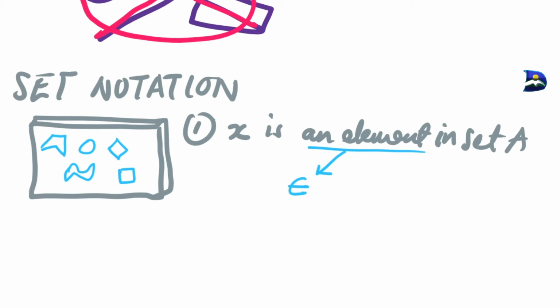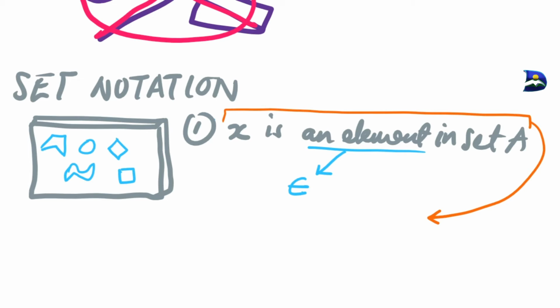The text is now written in terms of the element symbol as: x is an element, expressed with this symbol, in set A.